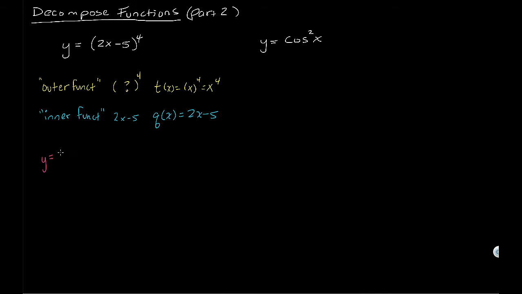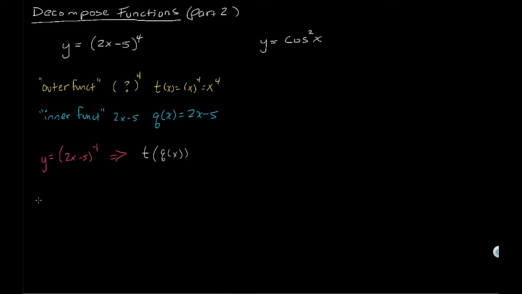The given function can be rewritten as: the outermost structure is something to the power of 4, and I called that t of x. And what is t going to be evaluating? Well, it's going to be evaluating that 2x minus 5, which I'm calling q of x. So if I were to decompose this, I would decompose it as the t of x function written here and the q of x written there. Therefore, this function can be rewritten as a composition of those two functions t and q.